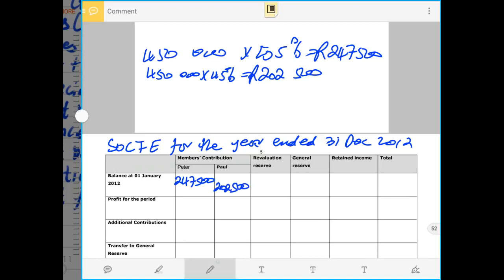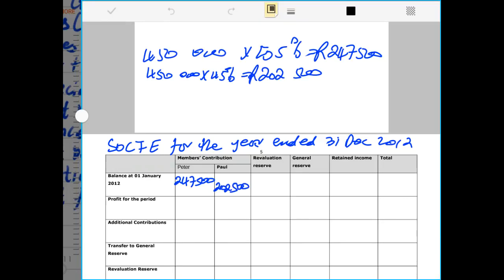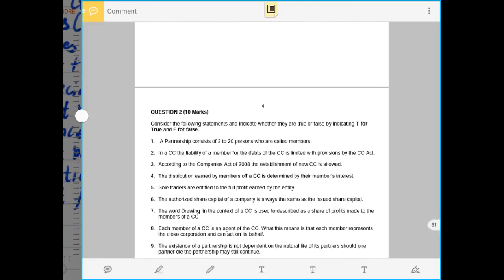Then we have opening revaluation reserve as 150,000 rands. There was no general reserve. Retained earnings is 375,750. Let me confirm those amounts for you.